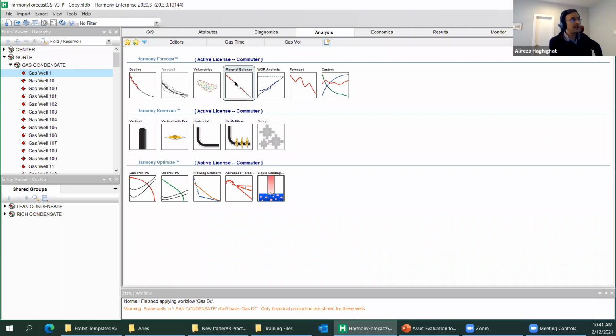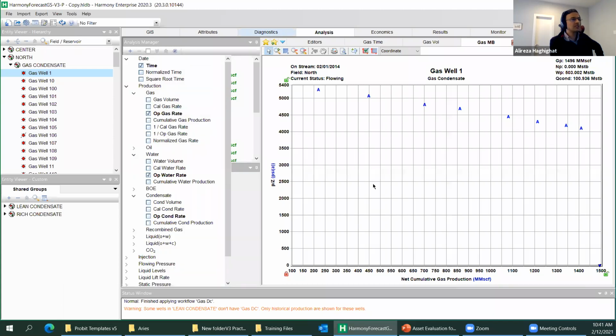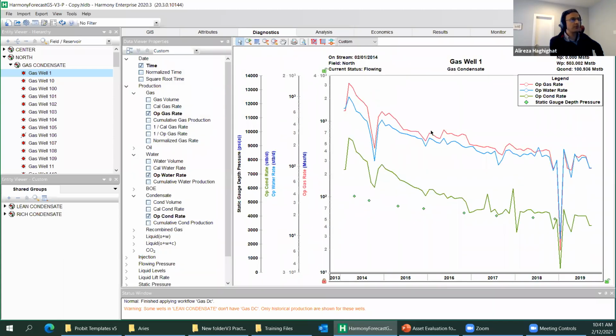So I click on material balance, gas material balance. And before we move forward, let me give you a little bit of explanation of what gas material balance is. When we are dealing with production, sometimes people shut in the well, they wait, and they measure the average reservoir pressure.